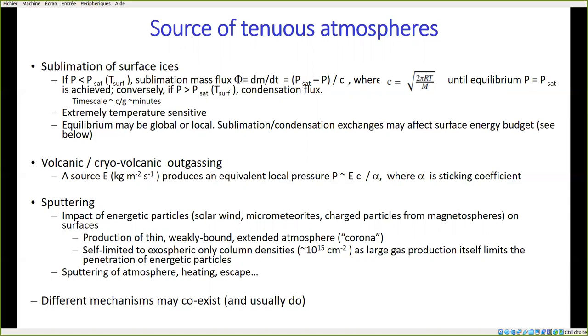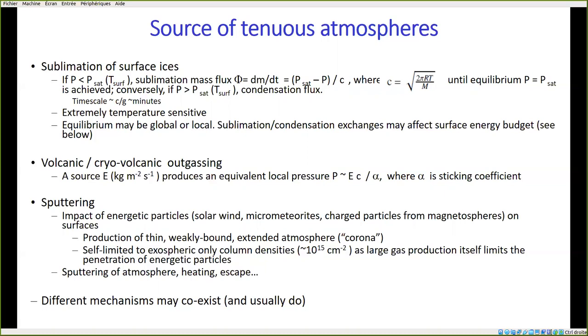A second source of atmosphere is direct outgassing, which may be volcanic outgassing or cryovolcanic outgassing. The distinction between volcanism and cryovolcanism is that in volcanism, the erupting material is actually molten rock like lava, while cryovolcanism is a process in which the erupting material is water.